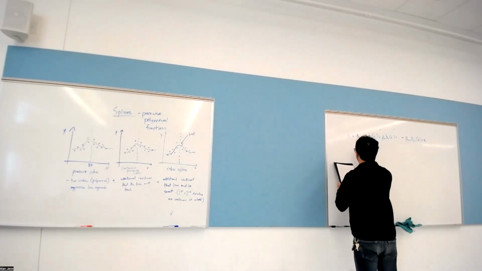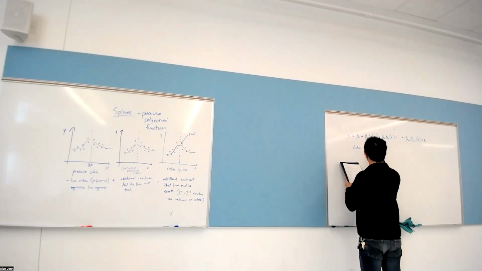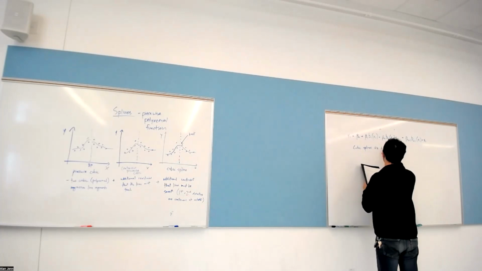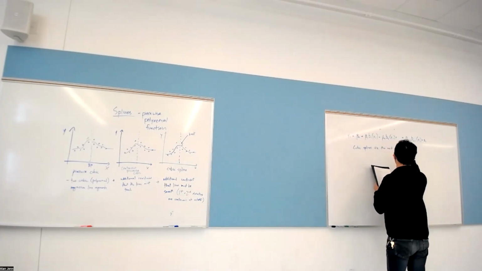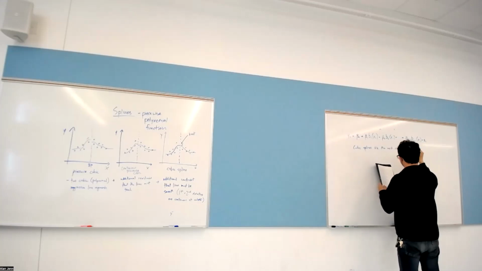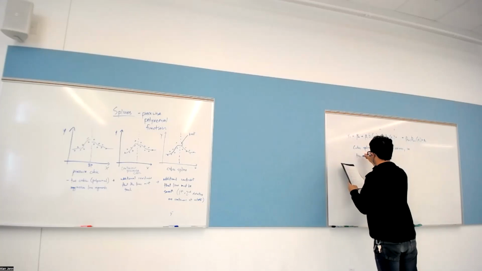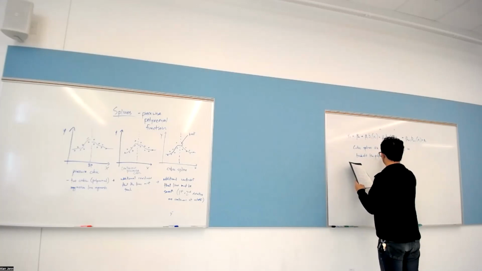So as I was mentioning, the cubic splines are the most common. We trade off the polynomial, as I was just mentioning.